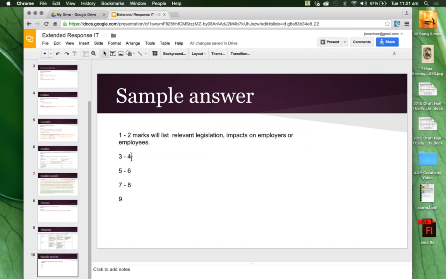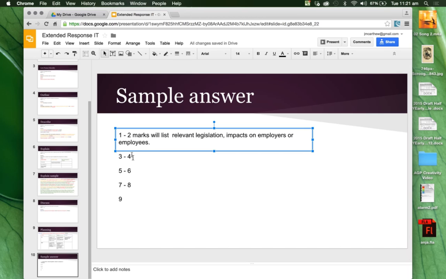So for 3 to 4, we're now sort of sketching in general terms. It's like the outline aspect. So if we go back up through the slideshow, you'll see how I did an outline. So you might outline legislation, and again, it'll be relevant.